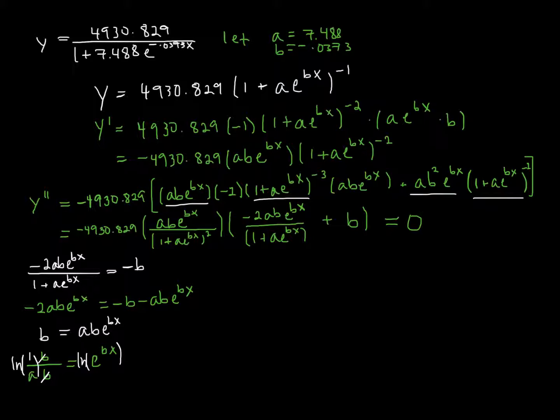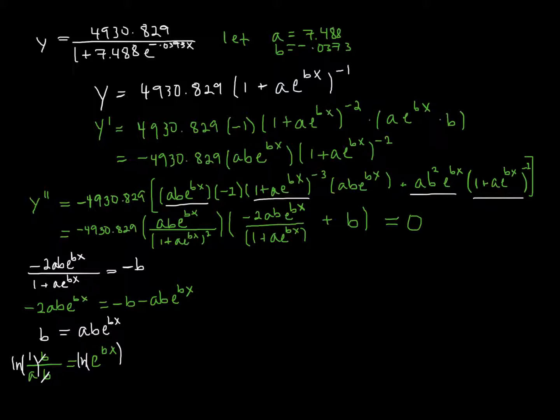And at this point, I'm going to take the natural log of both sides. Okay? And of course, the natural log of something is the value that I must raise e to the power of to get this value. Well, what must I raise e to the power of to get e to the bx? That's right, bx. So all this is here is b times x. Again, natural log of something is what I must raise e to the power of to get this something.